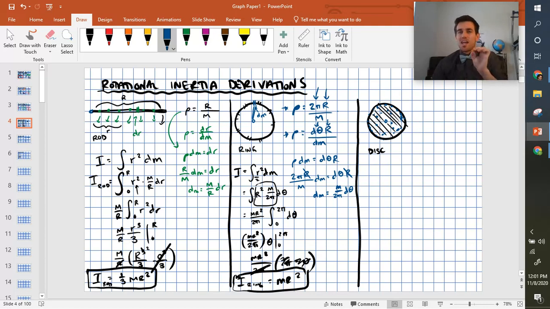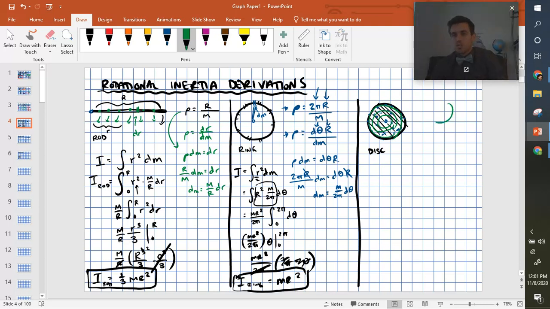So I can't just say I have one point and then another point a little bit further out, because I wouldn't be accounting for all of the points that exist at the outside compared to the inside. So instead, I'm going to treat my disk as being an infinite number of infinitely thin rings. Each one of those rings is going to have a distance of r from the center and a thickness of dr.